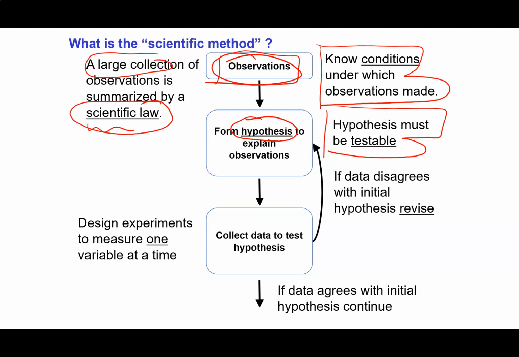We have to be able to perform experiments or make further observations in order to check if our explanation is correct. So a scientific hypothesis is a testable explanation that's tentative. It's not well tested, right? It's tentative. We're quite open to the idea that this could need modification.